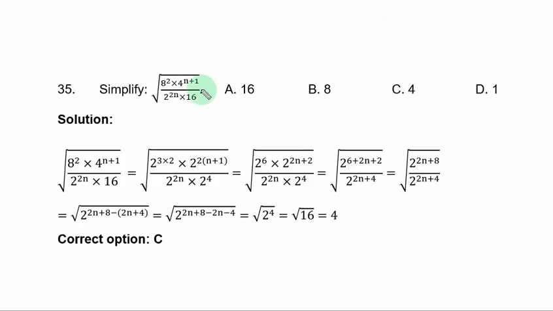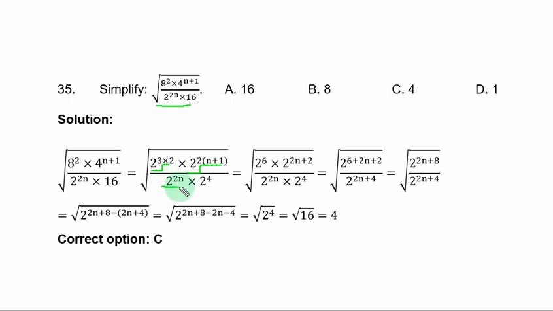Question 35. Simplify square root 8 squared times 4 power n plus 1 over 2 power 2n times 16. What we need to do first is to express all the bases to the lowest base of 2. You can express 8 as 2 cubed times the existing power 2. You express 4 as 2 squared times power of n plus 1.